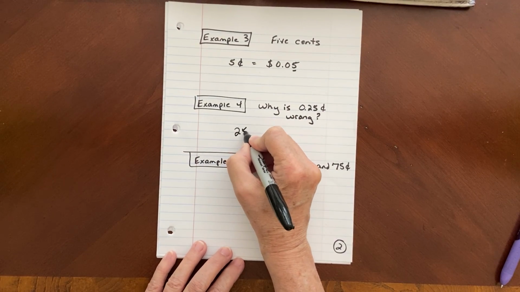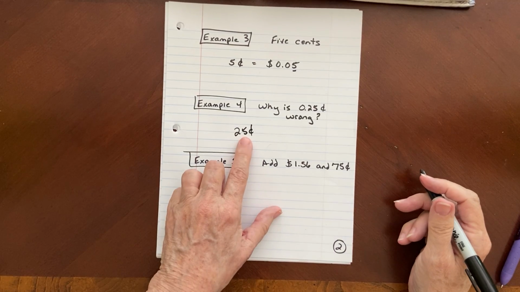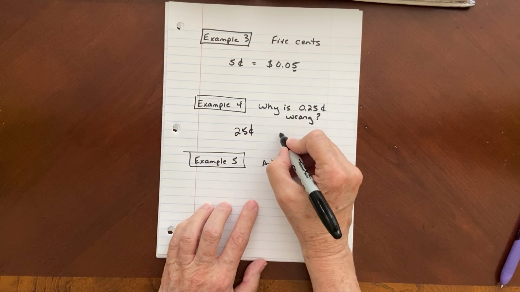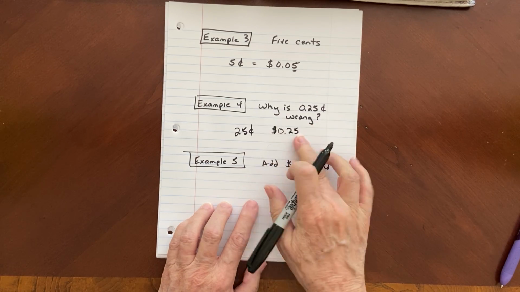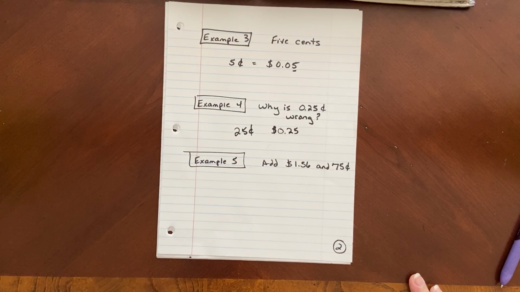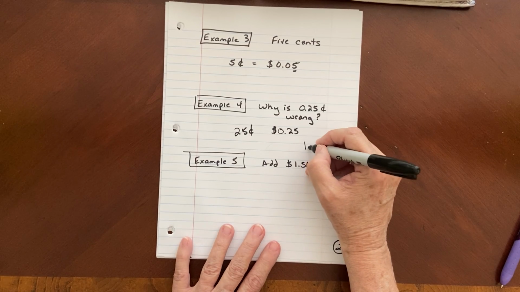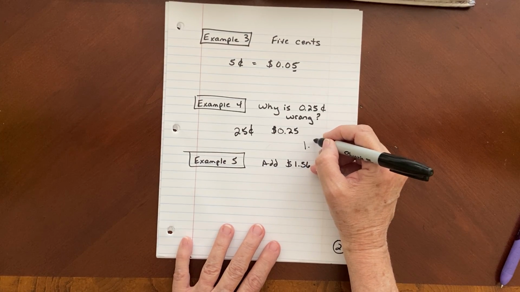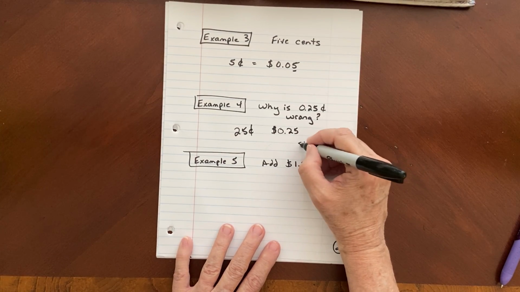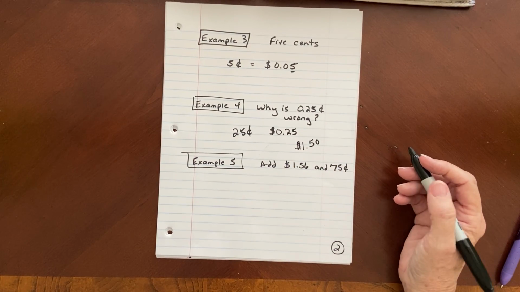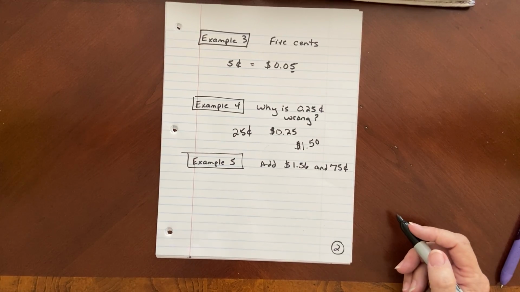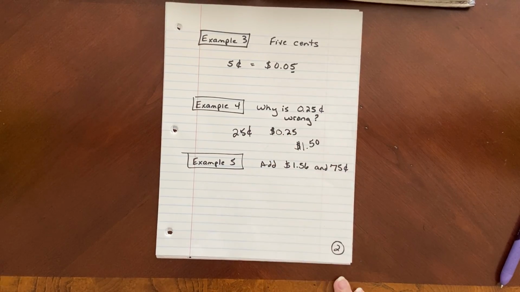I could say 25 cents, or 25 parts of a dollar, right? How do you say that? $0.25, right? So that's 0 dollars and 25 cents.